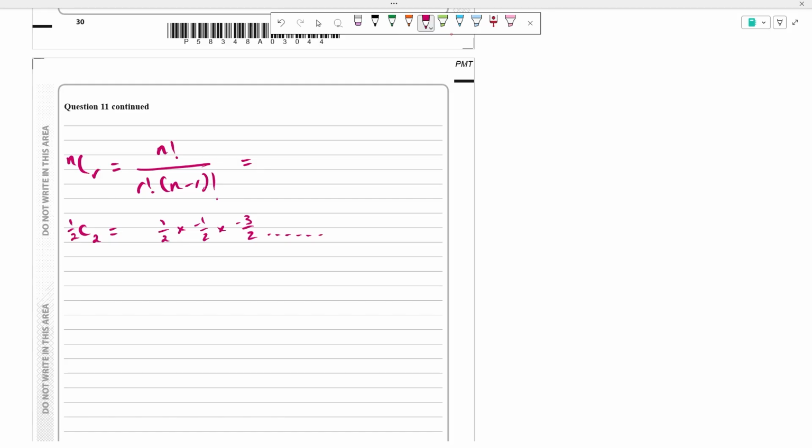But what you can do is, by using our formula here, you can start to cancel some stuff out. Well, 2 factorial is just 2 times 1. I'm just going to keep that as 2. Times n minus r factorial, which is going to be a half minus 2 factorial.